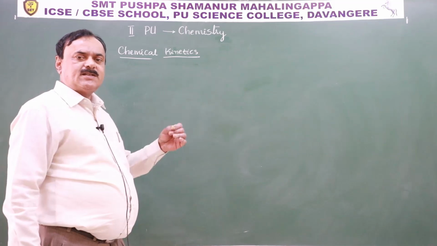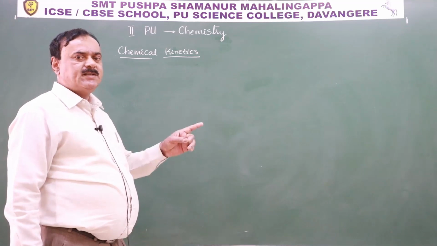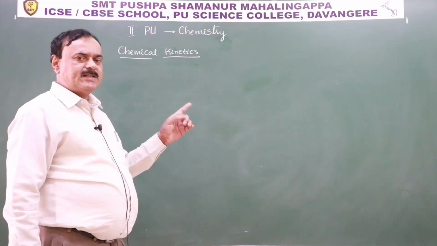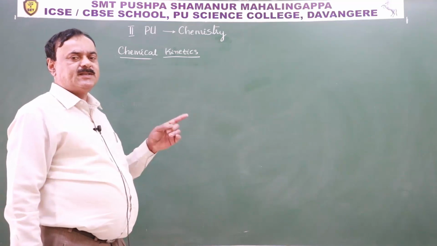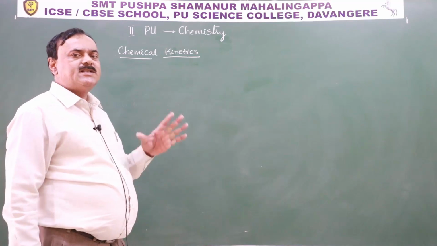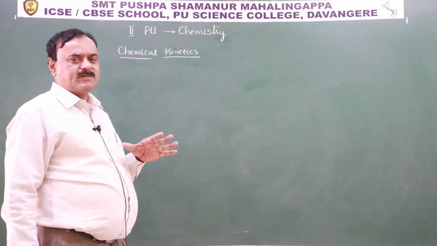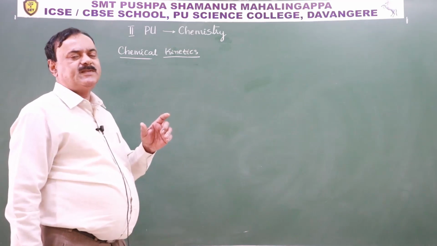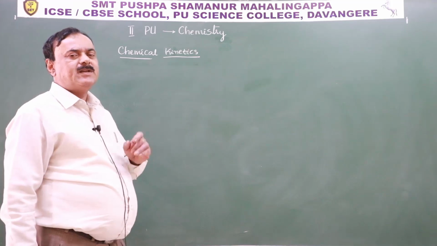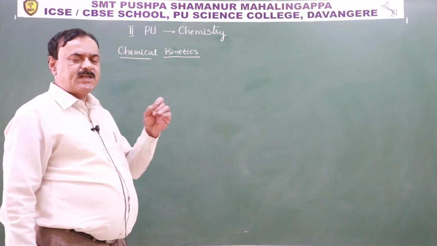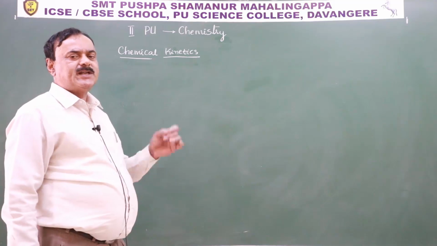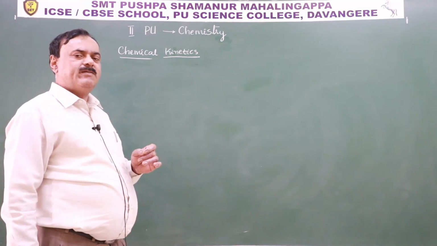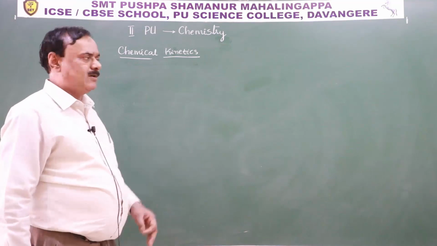If the velocity constant of the chemical reaction is high, it is a fast reaction. If the velocity constant is a smaller value, it is a slow reaction. Fast or slow can be predicted by means of the velocity constant value. For fast reactions, the velocity constant value will be higher. For slow reactions, the velocity constant will be very small.